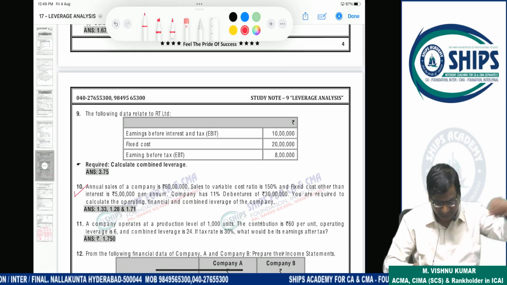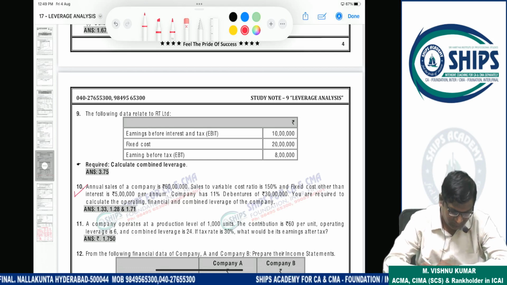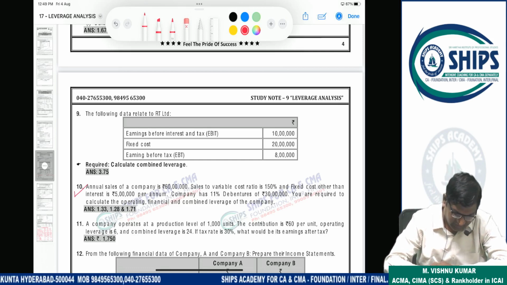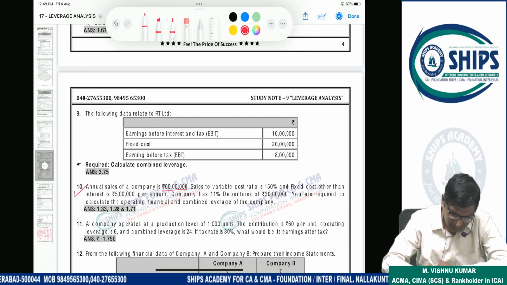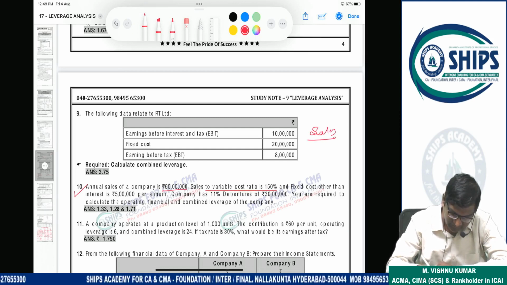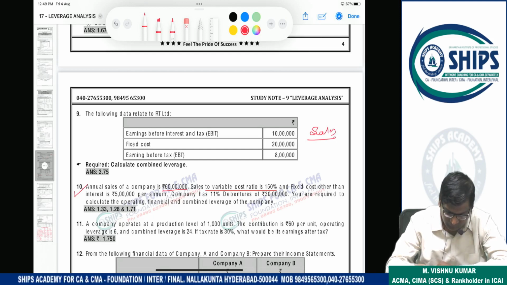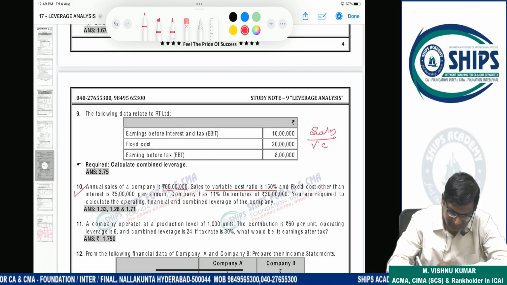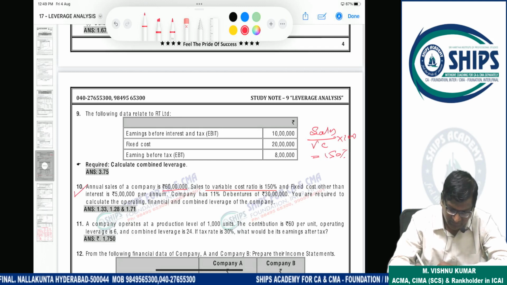Question number 10. Annual sales of the company 60 lakhs. Sales to variable cost ratio 150%. Sales to variable cost ratio means sales is given first, variable cost next. So this is sales by variable cost into 100. So this ratio is 150% given.